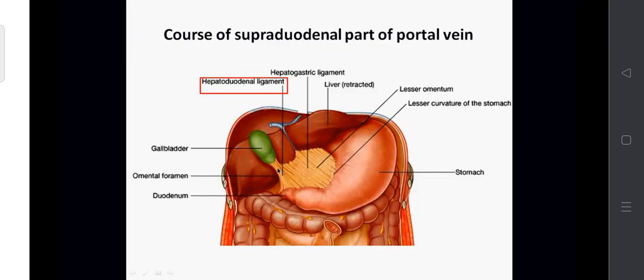This right free margin of lesser omentum containing the supraduodenal part of portal vein is posteriorly related to this foramen, omental foramen or the epiploic foramen, which separates the contents of the lesser omentum from the inferior vena cava.